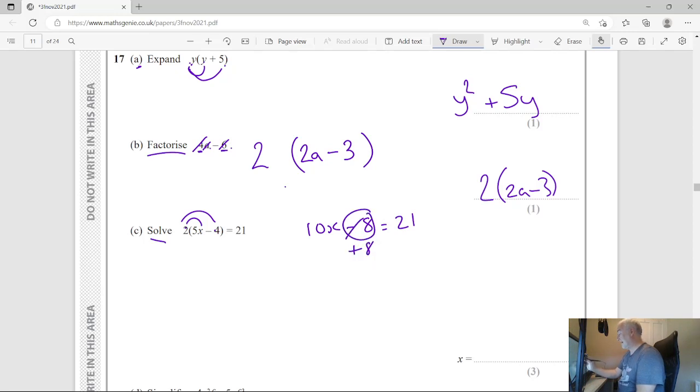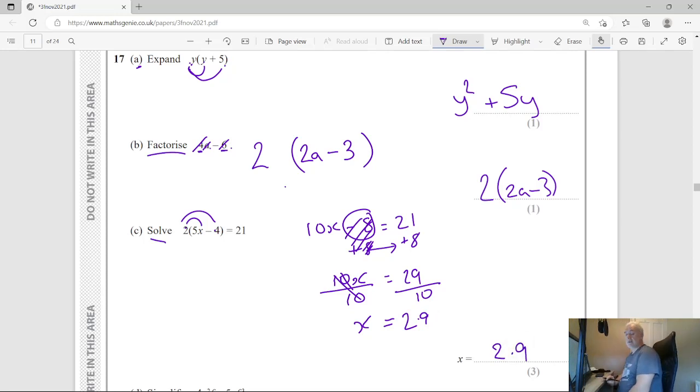Plus 8 makes that disappear. And remember, we want it over there, so we've got to do it to both sides. So 21 plus 8 gives me 29. So 10 lots of x equals 29. And divide down by the coefficient. That cancels down to being 1. Divide that by 10. 10 goes into 29 2.9 times. So x equals 2.9.